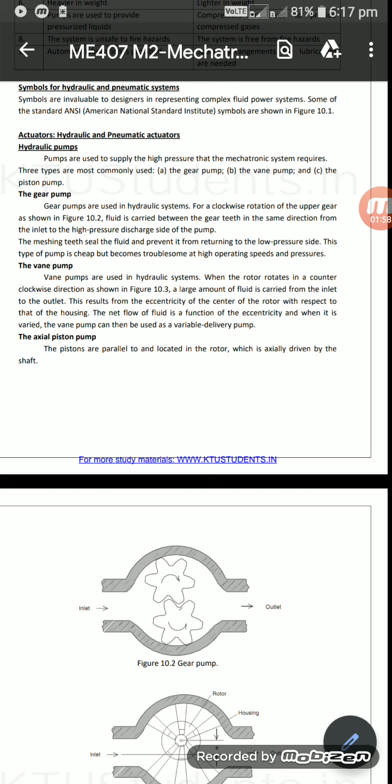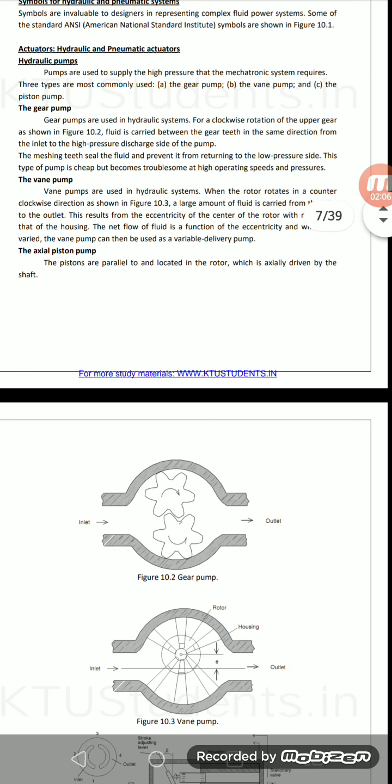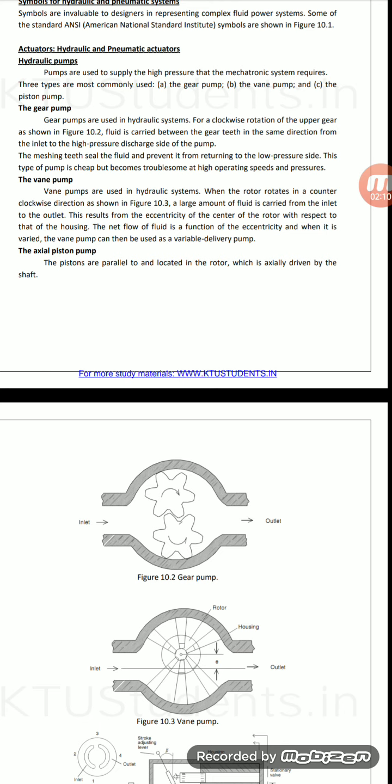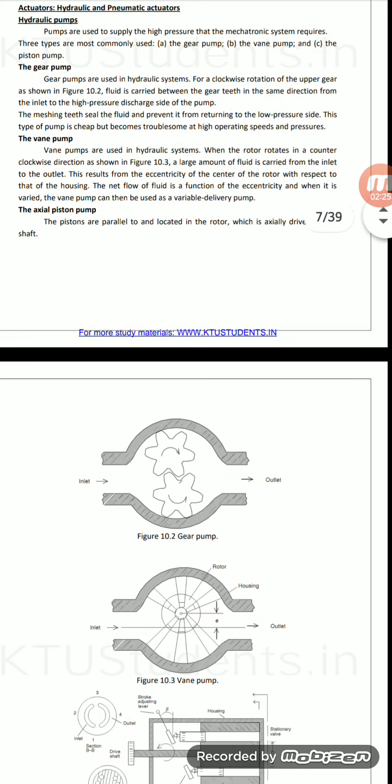The net flow of the fluid is a function of the eccentricity, and it can be varied. This vane pump is also used with clockwise direction. The vane pump has inlet and outlet, input and output too. Next, rotor and housing. So mainly two.